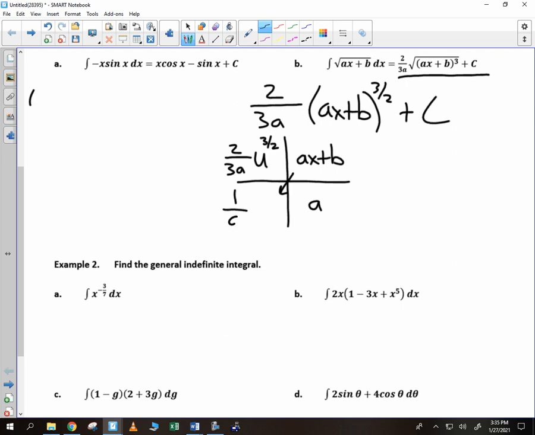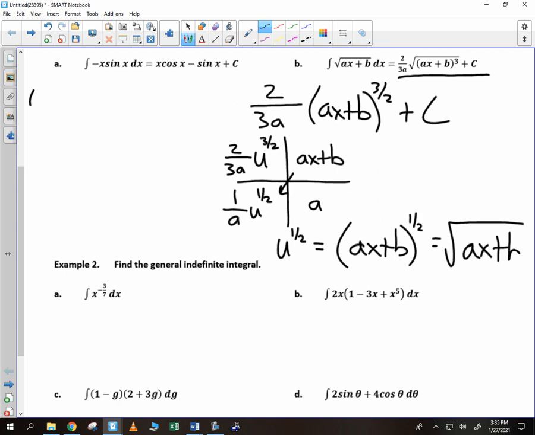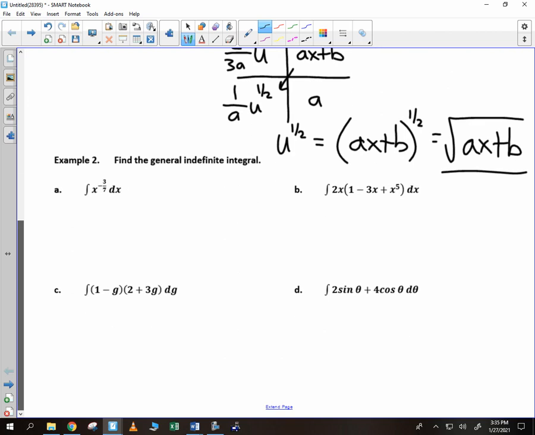So I have 1 over a, and I'll have u to the 1/2. As I multiply those together, you can see that the a and the 1 over a will cancel, and I have u to the 1/2. What is u? It is ax plus b raised to the 1/2 power, or the square root of ax plus b. Hopefully that's what I have to start with, and I sure do. So there we have it.